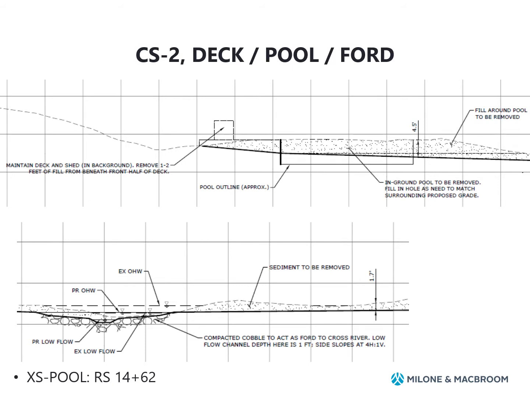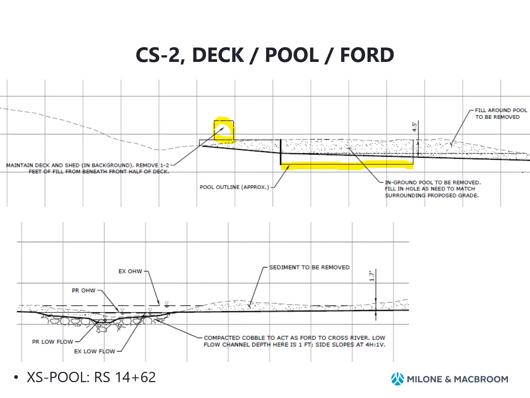Zooming in a little closer on CS-2 to the pool cross-section at River Station 14 plus 62. The upper piece here gives a little bit of an idea in cross-section of the pool area. You can see the pool indicated with the rectangle, as well as the shed and adjacent deck that will remain.